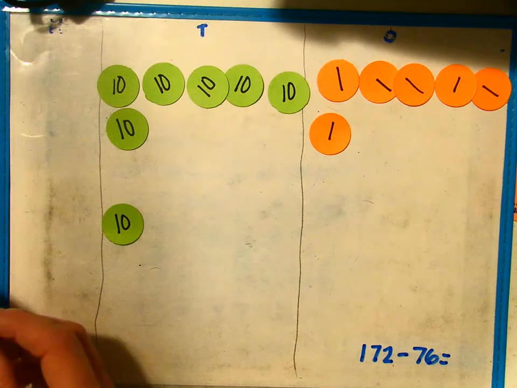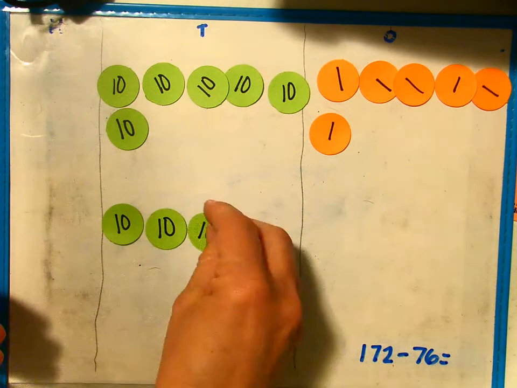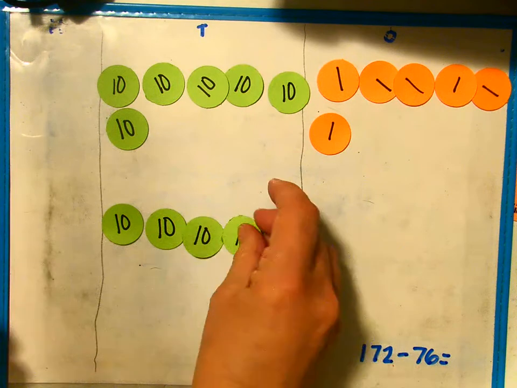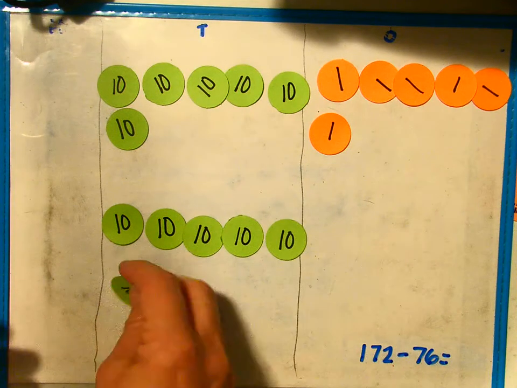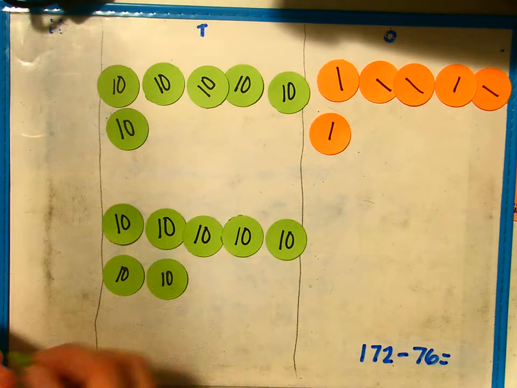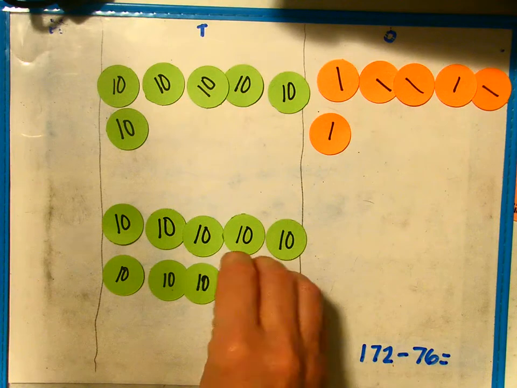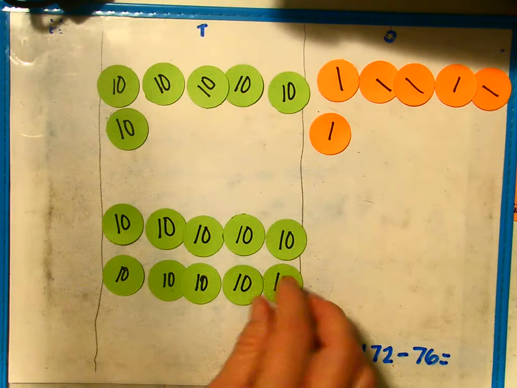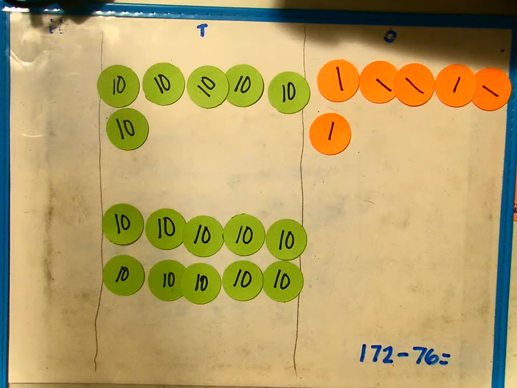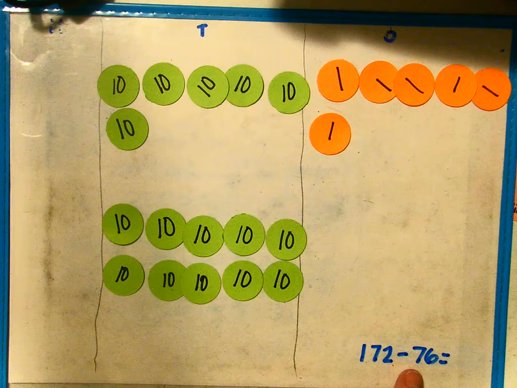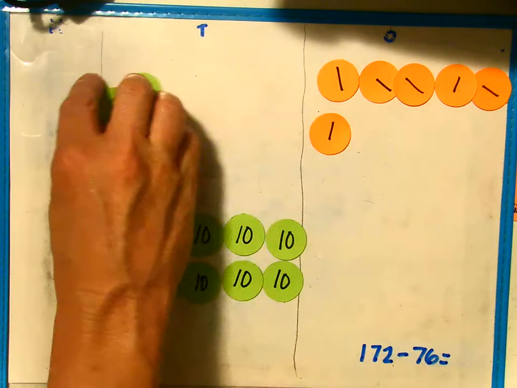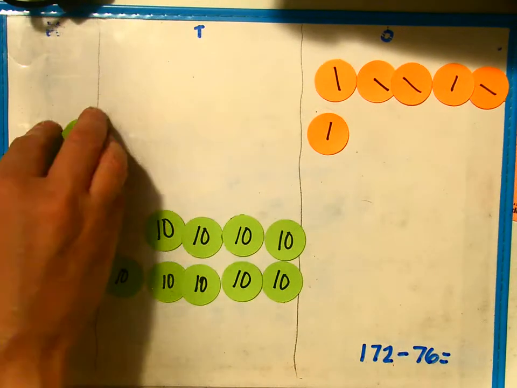It's the same thing. 10, 20, 30, 40, 50, 60, 70, 80, 90, 100. Good. Now I can take away 7 tens. There's 6 right here. We need 1 more.